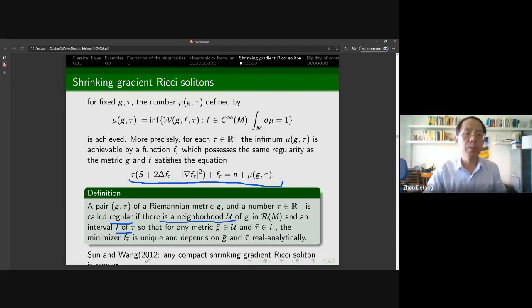One proves that any compact gradient Ricci soliton is regular. That means the infimum, this number, can be achieved in the neighborhood of a Ricci soliton. So it works for the study of singularity.